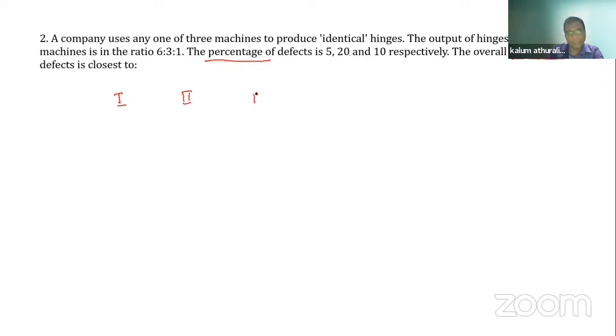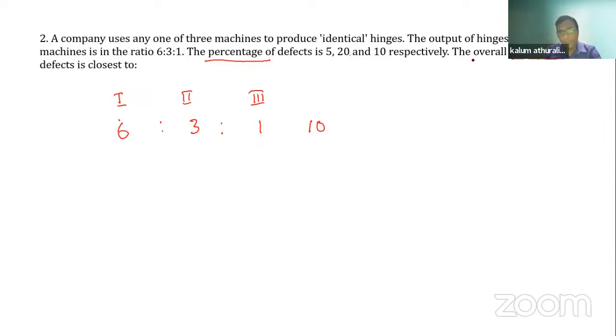Now here there are 3 machines. The ratio of production of these 3 machines is 6:3:1. If you produce 10 products, total production is 10. The first machine produced 6, the second 3, and the third 1.